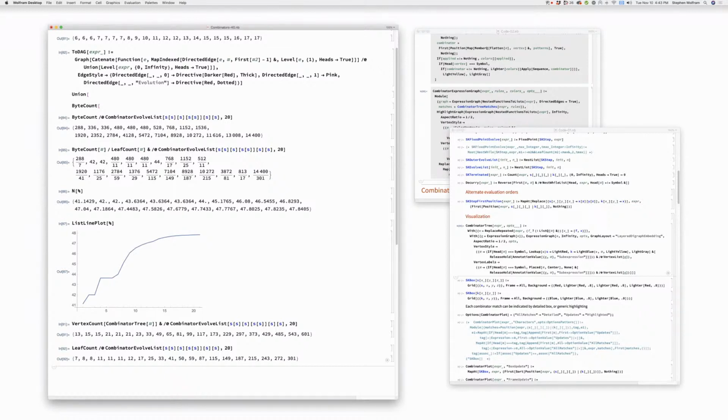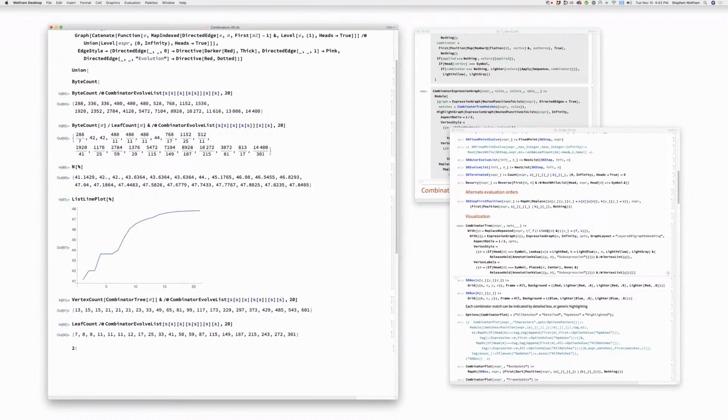This is now a question for Ed. What's the relationship between these two things? Is that 2n plus 1? 2n minus 1? Yes, that seems to be. So in other words, the vertex count in the tree is 2n minus 1 times the leaf count.